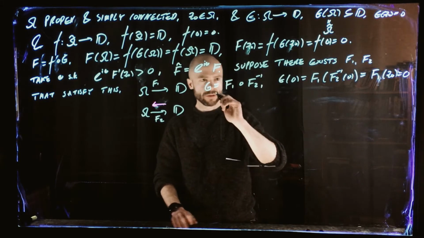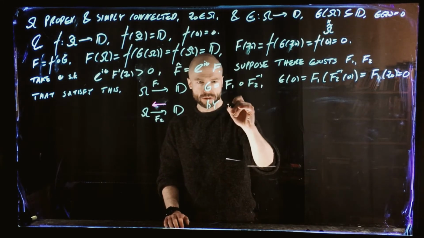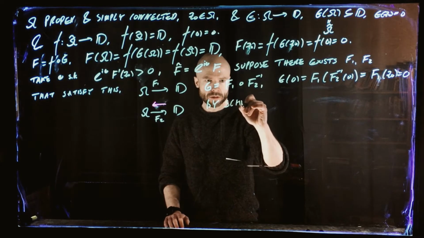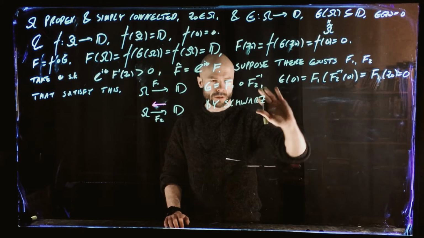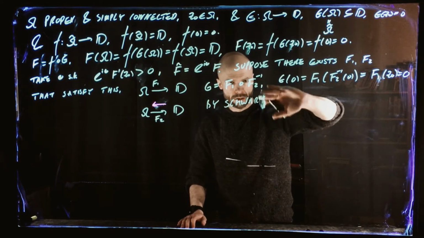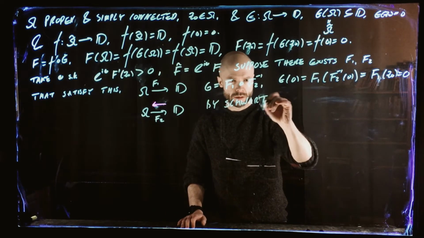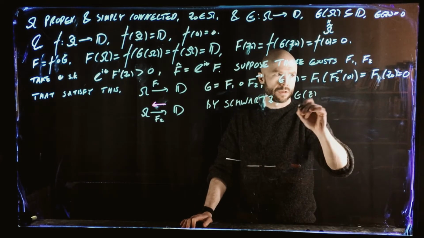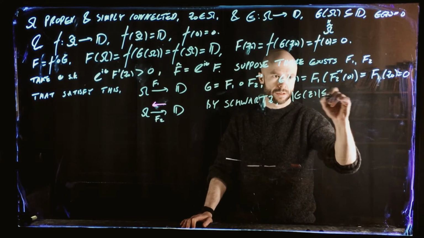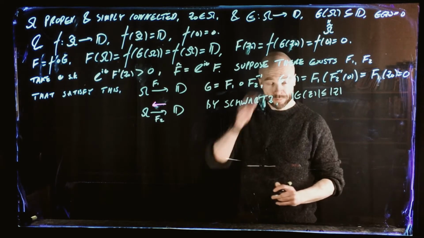So by Schwarz, we have that the absolute value of g of z is less than or equal to the absolute value of z. Okay?